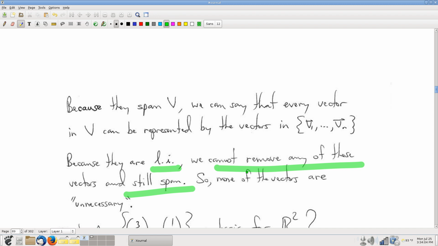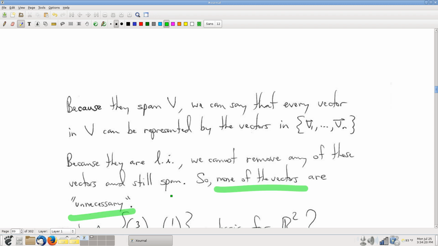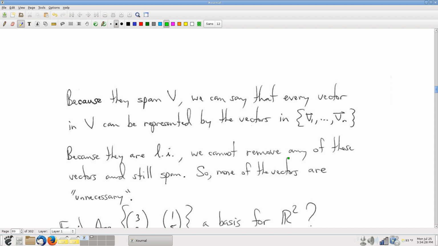Said differently, if you can remove a vector and not change the span, that list is dependent. We proved a theorem to that effect a few sections back. So, in some sense, none of the vectors are unnecessary. There are no wasted, useless vectors. Okay, we'll see more detailed discussion than this about why bases are important.